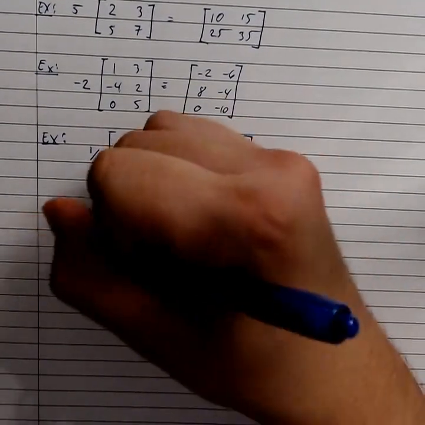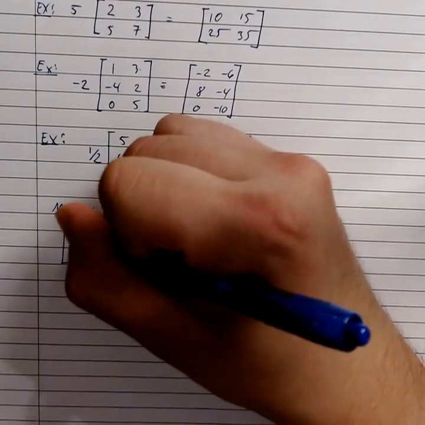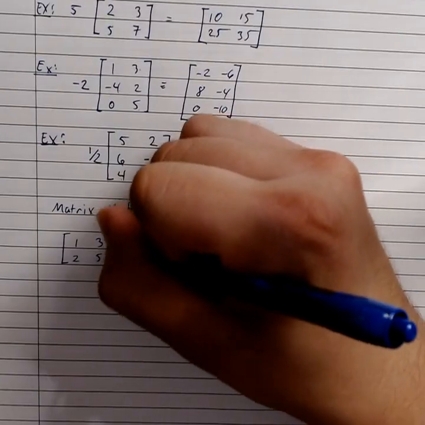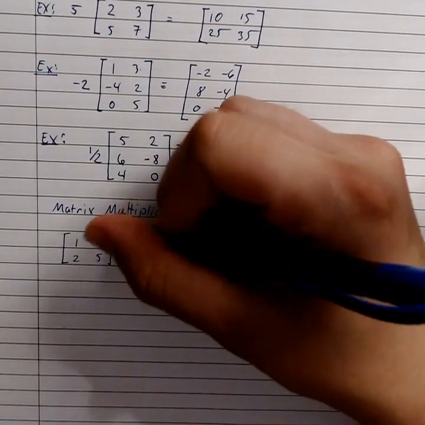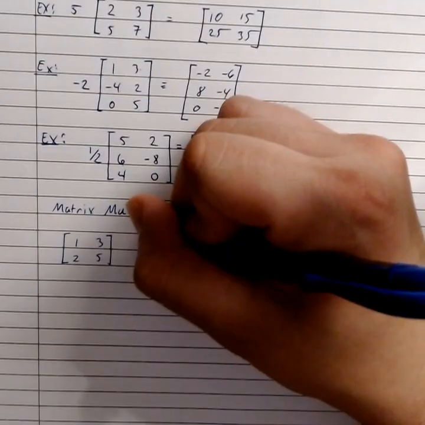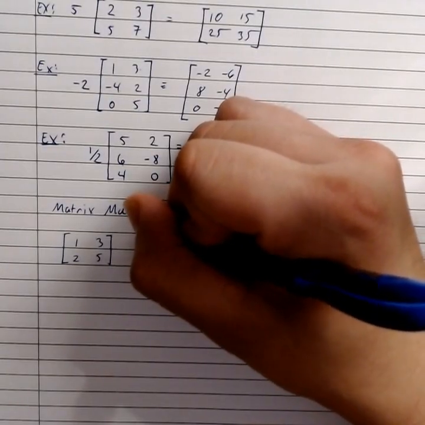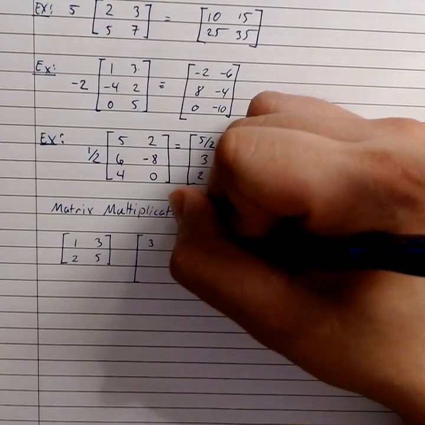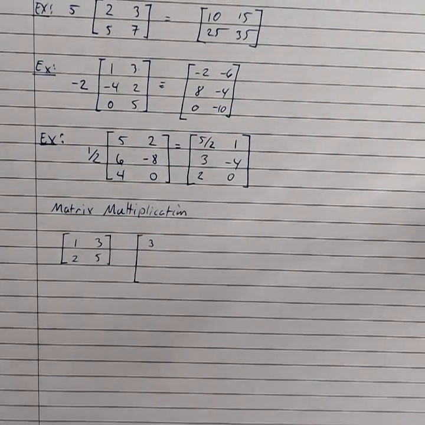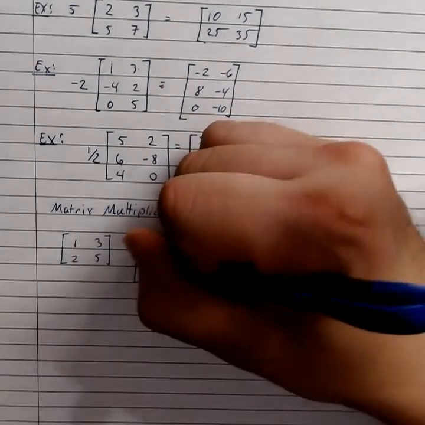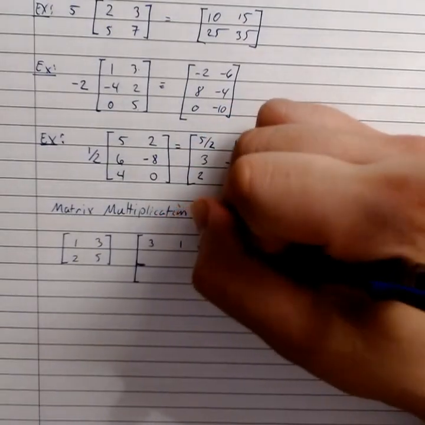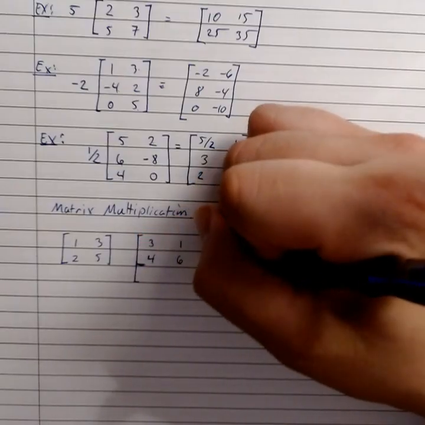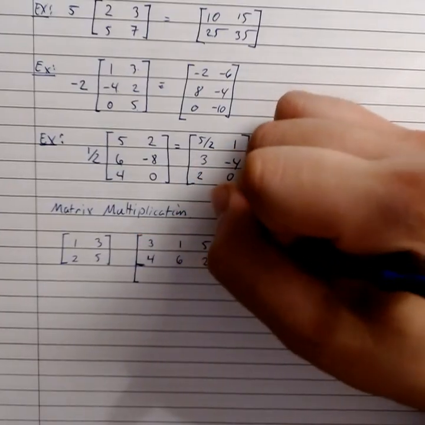Let's say I have the matrix 1, 3, 2, 5, like this. And let's say I have the matrix 2, 1, 5, 4, 6, 2, like that.